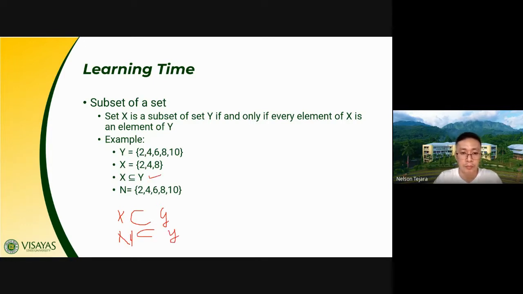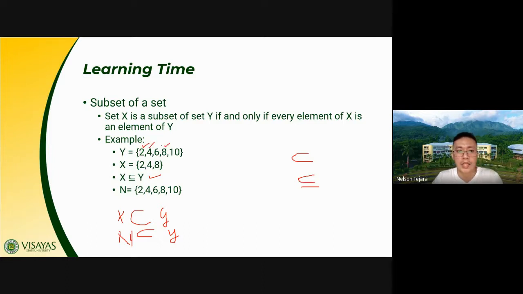How about this statement? When can we say, class, that a set is a proper subset? So this one is again the symbol for subset, while this one is the symbol of proper subset. When can we say that a set is a proper subset of another set? If you examine set X and set Y, set X contains elements 2, 4, and 8. These elements are also found in set Y: 2, 4, and 8.